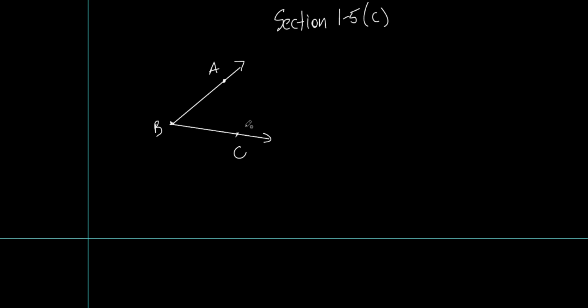All right, so you've got this angle, and we could call it what? We could just call it angle B if we wanted to, because there's no other angles coming out of here. What else could we call this angle? Ethan? Right, we can call it angle ABC. So make sure you put the angle symbol in front of it.